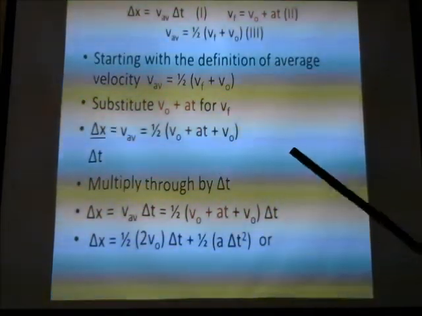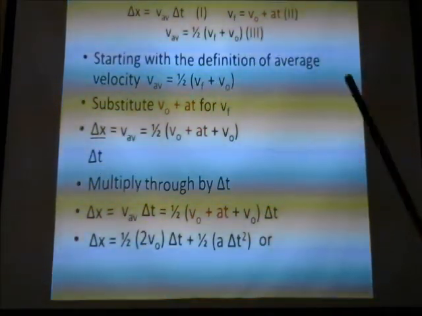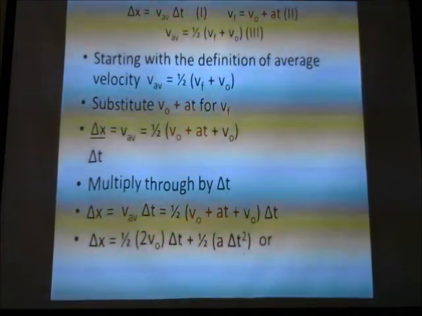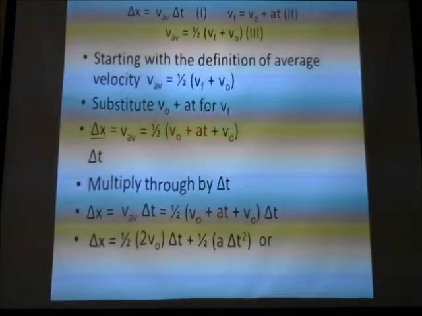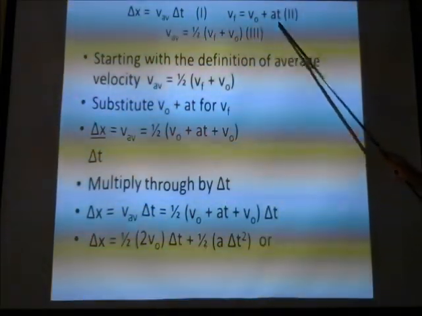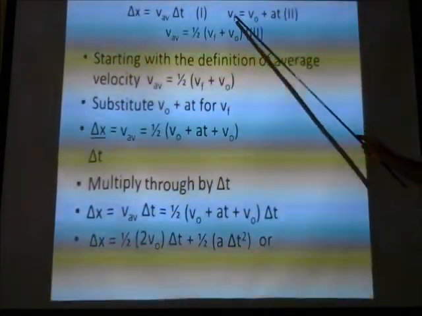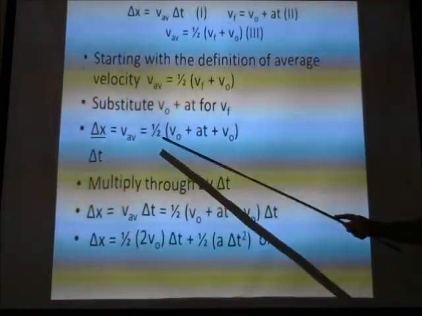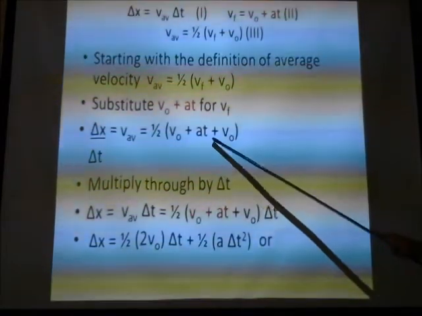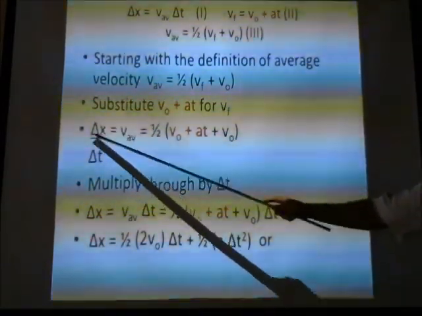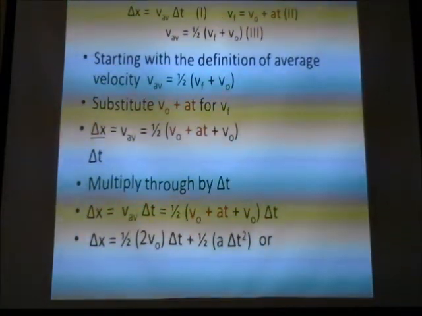So if we start with equation number 3 initially, that's a constant accelerated case, like a cart going down a ramp that is at a constant angle. And then we use equation number 2 and we substitute this V naught plus at for Vf into this equation, so that we get 1/2 of Vf plus V naught, and we have that equal to average velocity, or change of position over time.